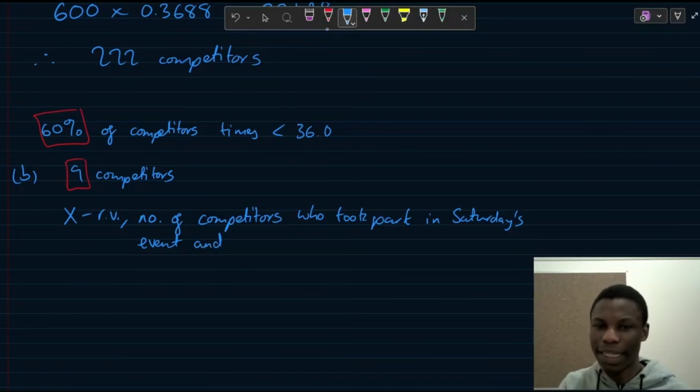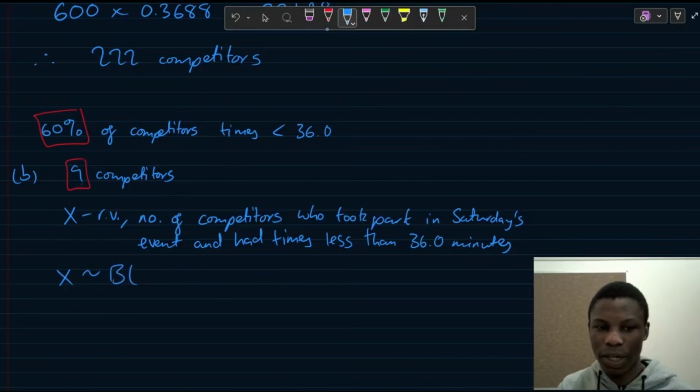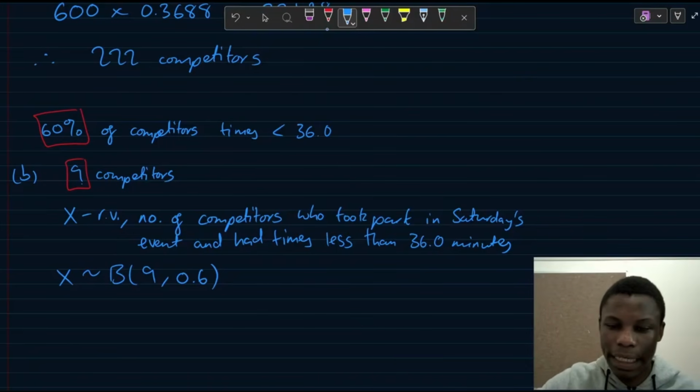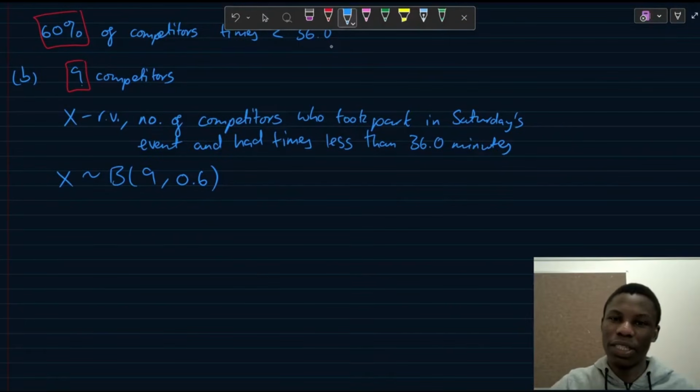They had a time less than 36.0 minutes. You don't have to write this down, but I'm writing it so that you can understand what's going on. So here X follows a binomial distribution and our number of trials is 9 and our probability of success is 60% or 0.6 because we are counting the number of competitors who had a time that was less than 36.0. That's our success. So it's either you've got less than 36.0 or you don't.